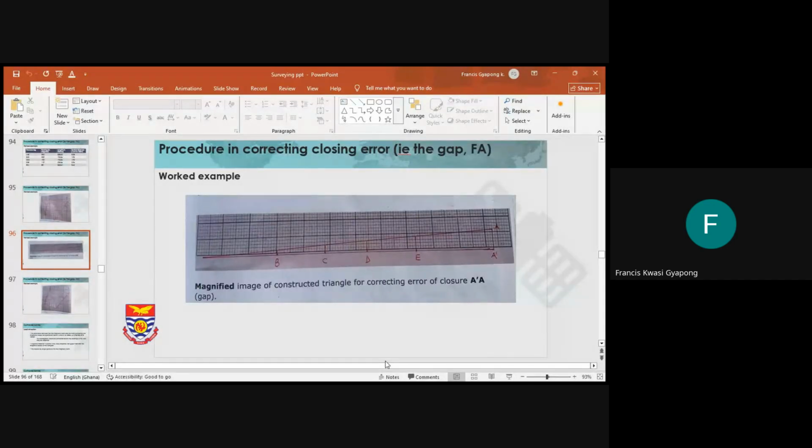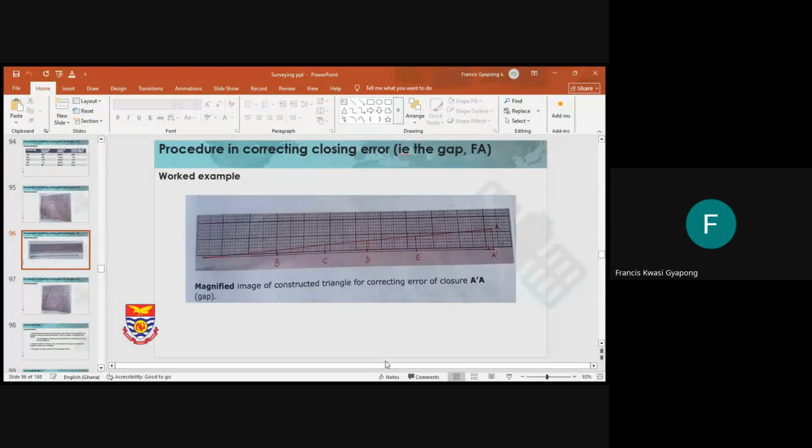Now the rule is that first, you will let the line that you are going to draw be parallel to the original line that you did. You will let it be parallel. You understand?